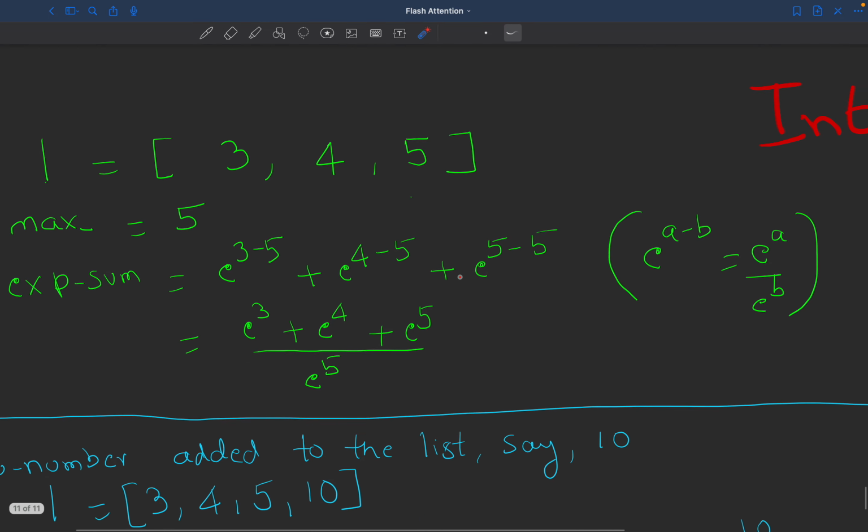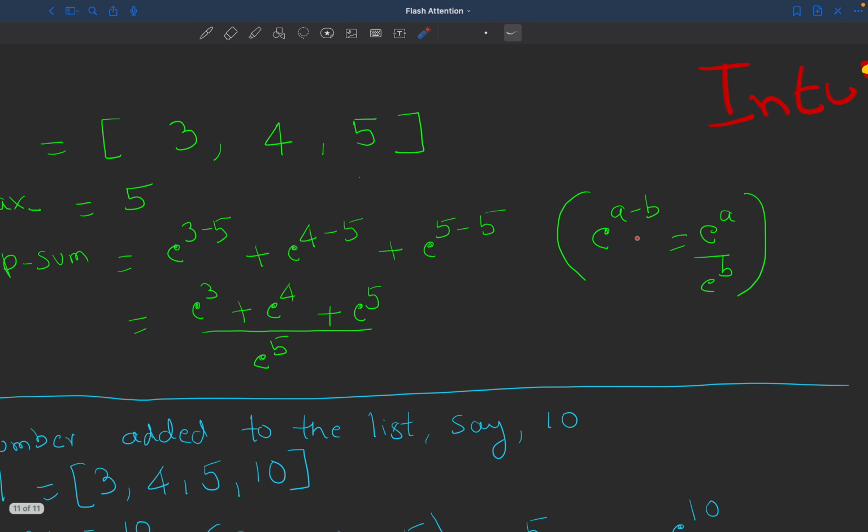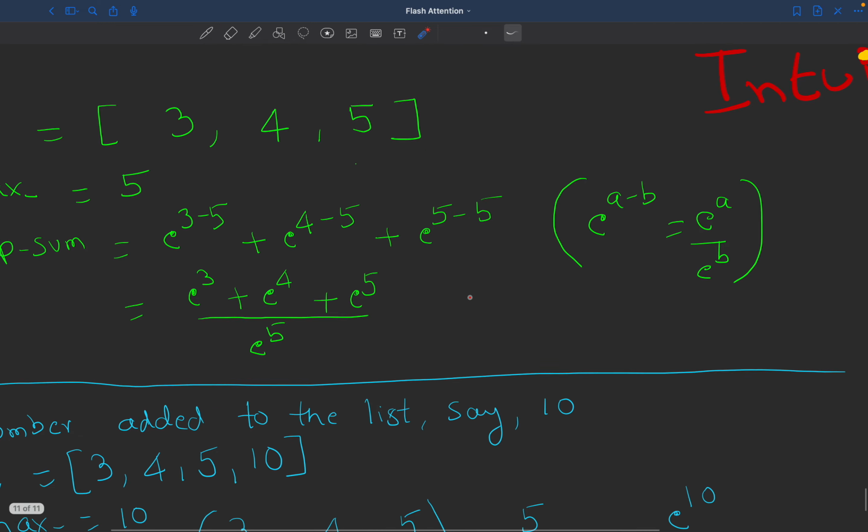Now there is a formula: e raised to a minus b is equal to e raised to a divided by e raised to b. I am applying this formula here.